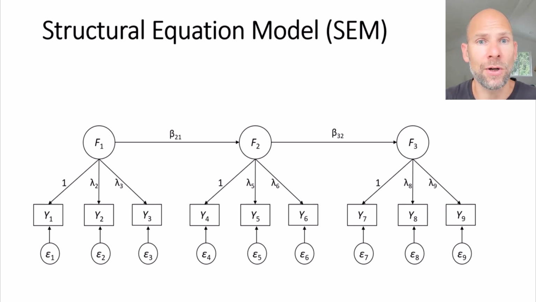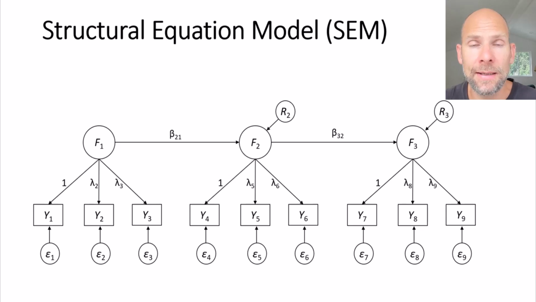And then as a result of having regression paths in an SEM, we also have residuals. So those are variables that do not exist in a confirmatory factor analysis. R2 and R3 are the residual variables associated with factor f2 and factor f3 that characterize variance in f2 and f3 that cannot be predicted in a linear regression on f1 and f2 respectively.